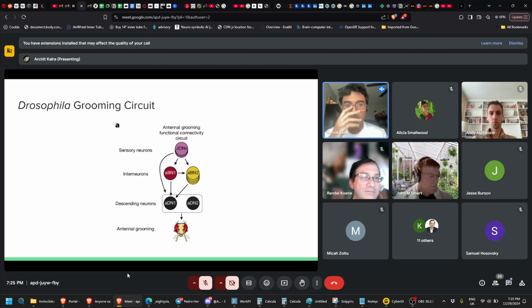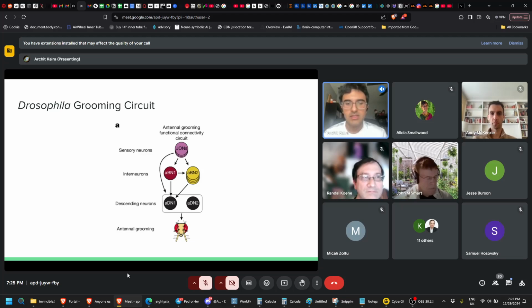And the final component of the study was to assess the Drosophila grooming circuit. So we've seen sensorimotor impacts with a smaller scale circuit in the Drosophila brain. But now we want to see how this impacts another one, which is grooming. This focuses on Johnston's organ, which is in the Drosophila, and these are Johnston's organ neurons related to the antenna.